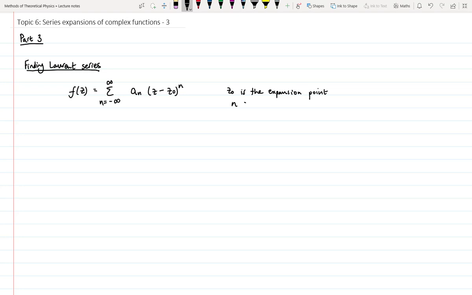and n is an integer. This expansion was valid for |z minus z naught| lying between little r, which is the minimum radius of analyticity, and big R, which was the maximum radius.